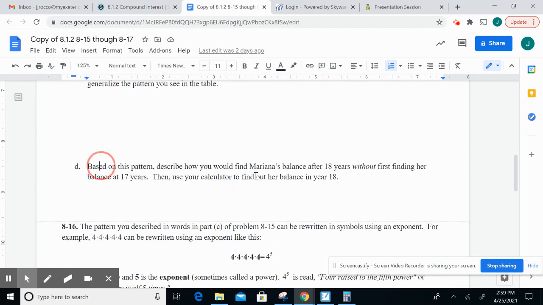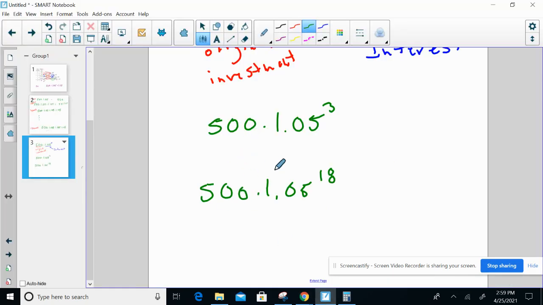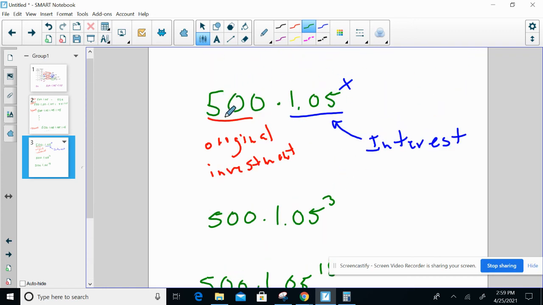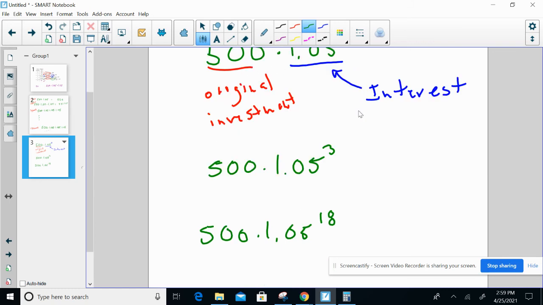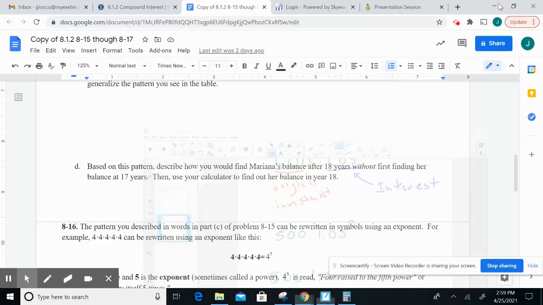And so based on this pattern, how could we do it for 18 years? It would be 500 times 1.05, I'm sorry, not times 18, 500 times 1.05 to the 18th power. All right. And so this is how we would generally do it. So this is part C. And then part D, we would put it to the 18th power, right?